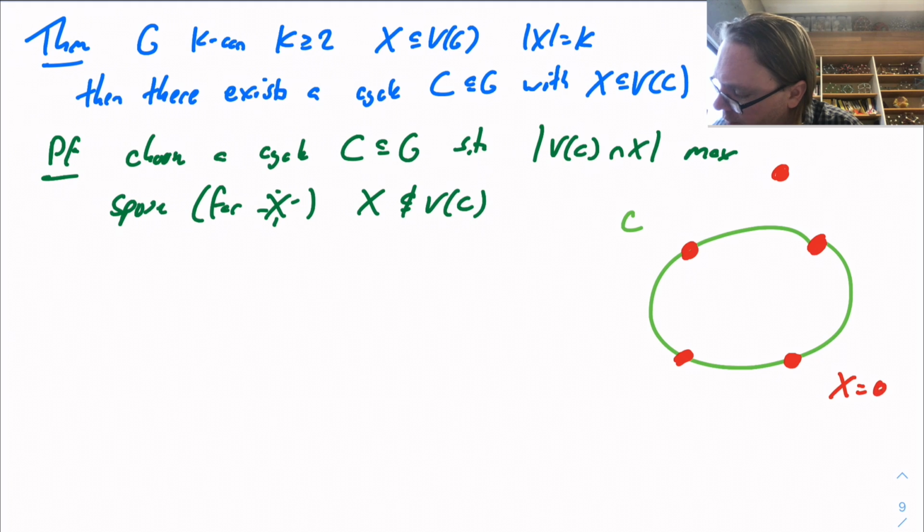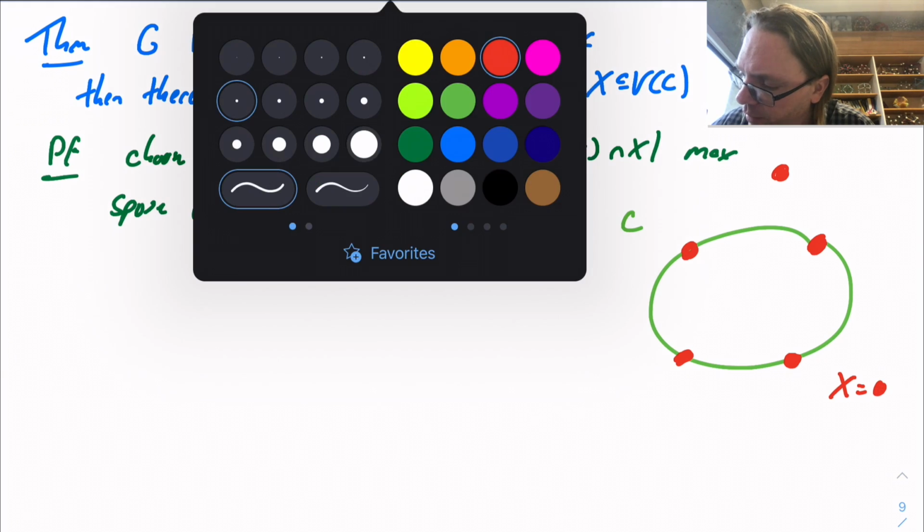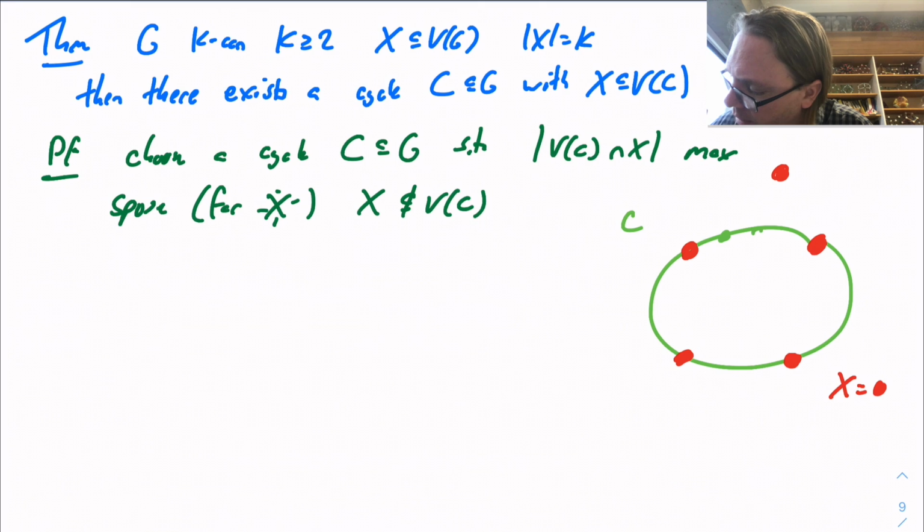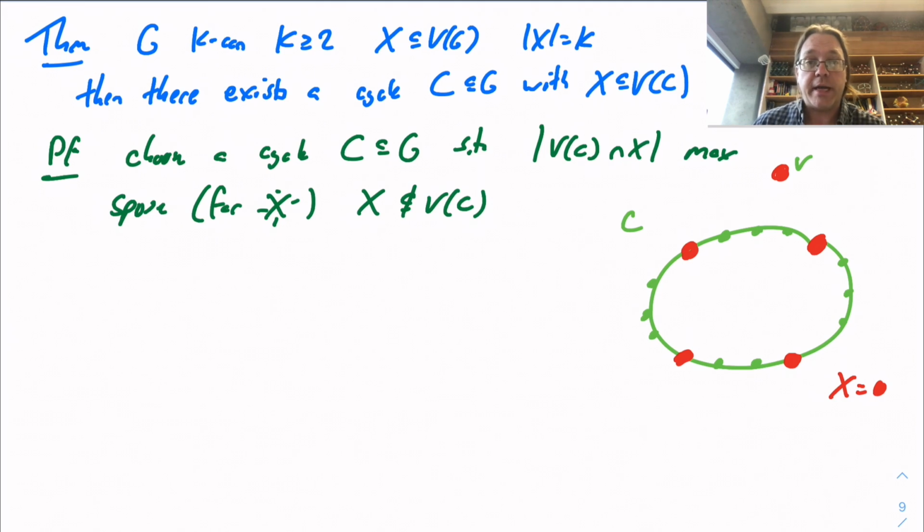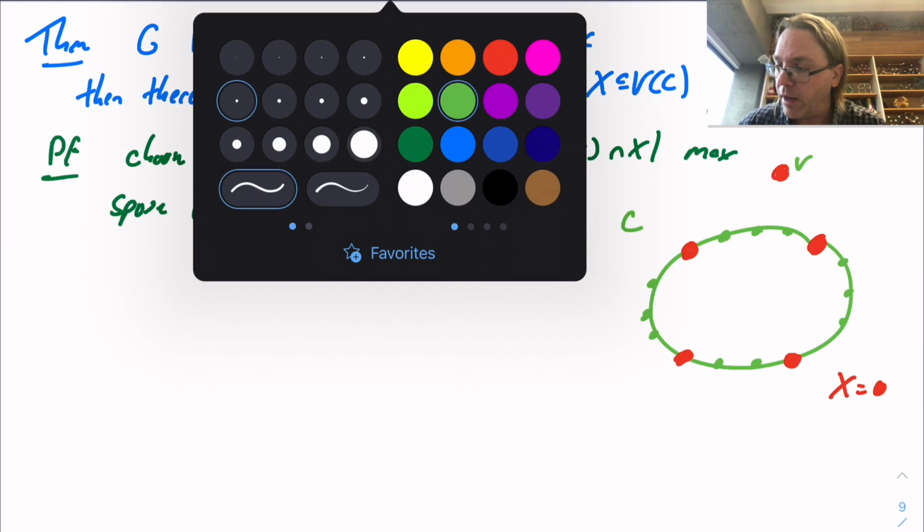X is going to be the set of these red vertices here. And so my cycle C is containing some of these vertices in X, and in general it's containing some other vertices. But there's at least one vertex out here, say V, that is in my set X but not contained in my cycle.